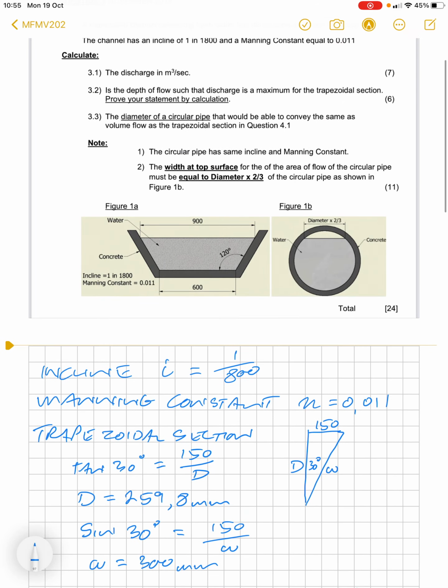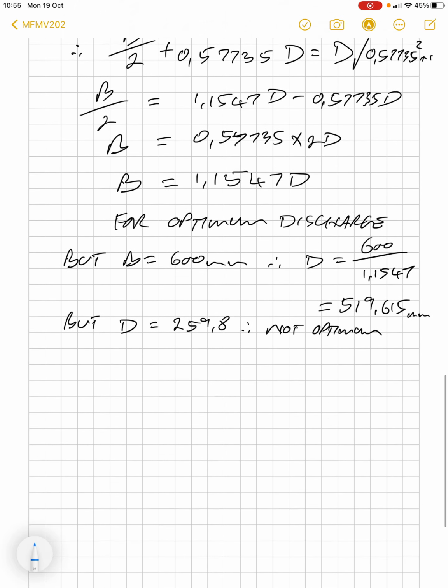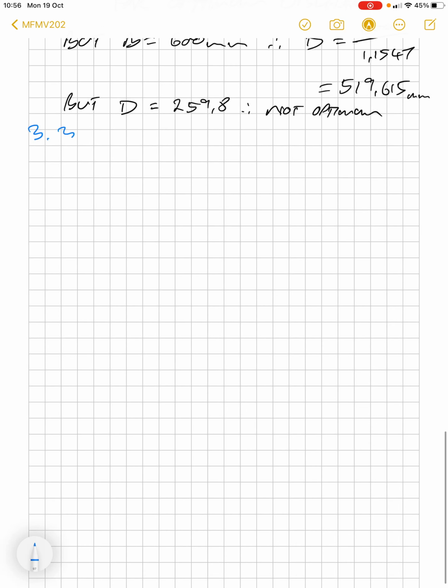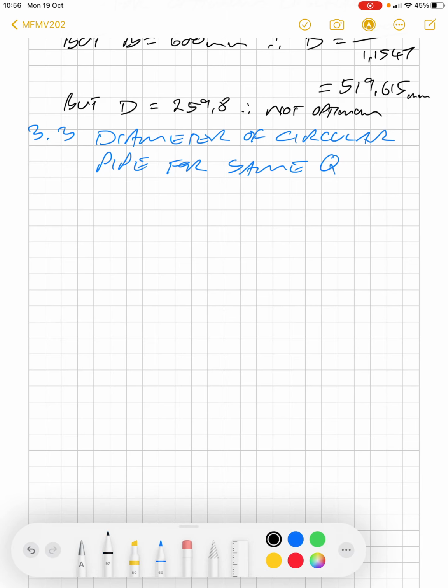The next question we have to answer is the diameter of the circular pipe that will be able to convey the same volume flow as the trapezoidal section in the first section of this problem. Right.